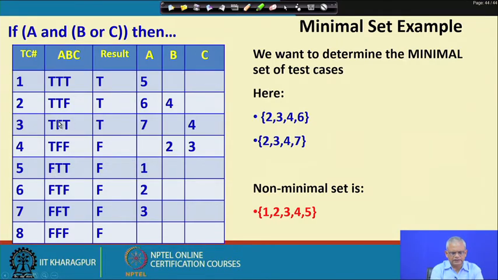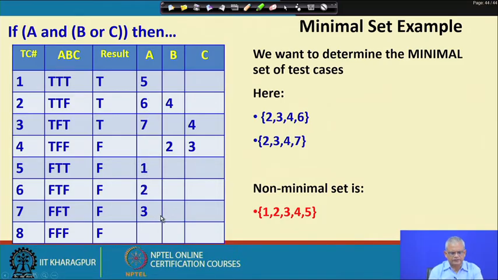Similarly, 3 along with 7 also shows the independent influence of A on the outcome, and naturally we will have 5 and 1, 6 and 2, and 7 and 3. Just the same thing here, because this is 1 5, 2 6 and 3 7, we have 5 1, 6 2, 7 3. So, this of course, can be easily found out based on this.